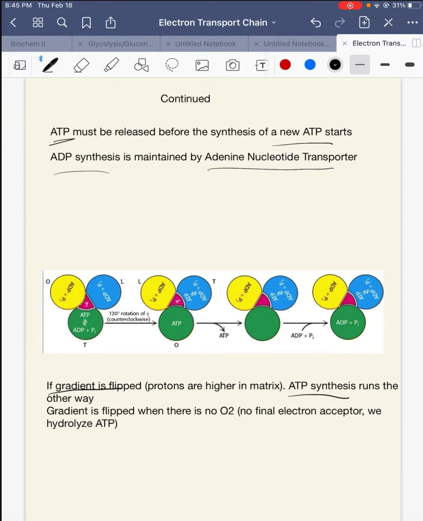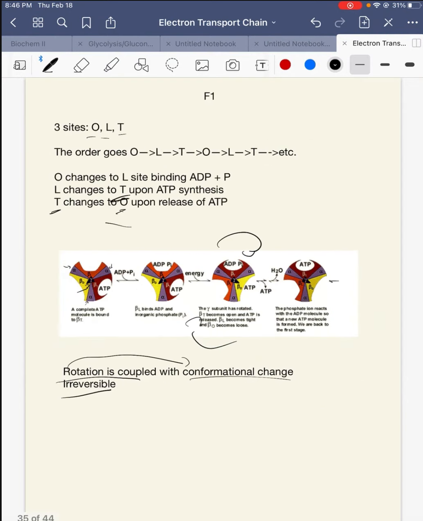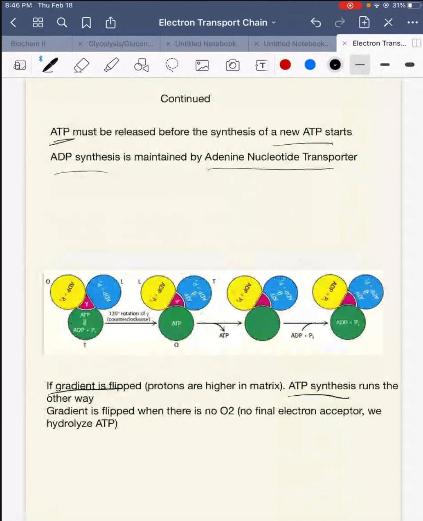So ATP synthase runs in the opposite direction, and we start breaking down ATP into ADP and P. So this whole thing will just run backwards. ATP would bind, then ATP would change to ADP and P, and then ADP and P would be released. This is why it's important to maintain the proton gradient. If it's flipped, if it's higher in the matrix, ATP synthase runs backward, and then we start hydrolyzing ATP.